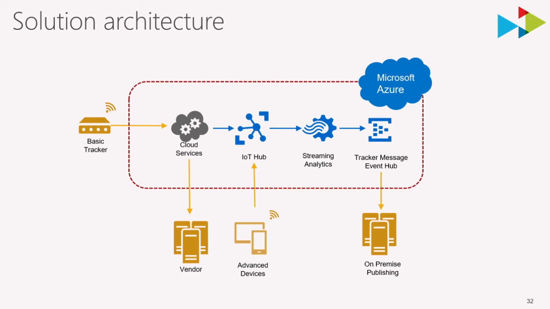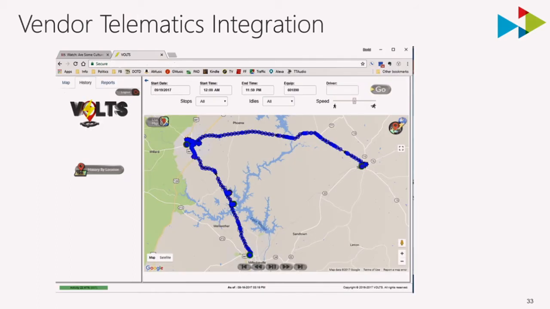And so the streaming analytics will allow us to take that data and reduce it to a manageable data set that we output into an event hub and then it comes back onto premise into our back office systems. So what you see here is an example of a vendor telematics fleet management system where we're tracking a single truck throughout the day through his workday.